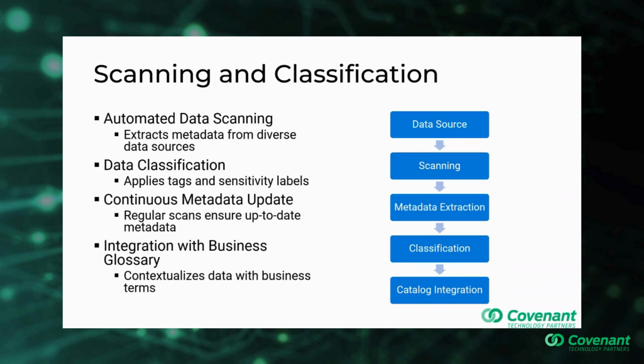During that extraction, it also can go through a classification process. This is very similar to some of the sensitivity labeling and auto labeling that Chris had mentioned earlier. In fact, it piggybacks a lot off of some of those pre-built catalogs of sensitive information. So it has the ability to identify certain patterns in your data for, let's say, PII, or some sort of credit card number, whatever it happens to be.